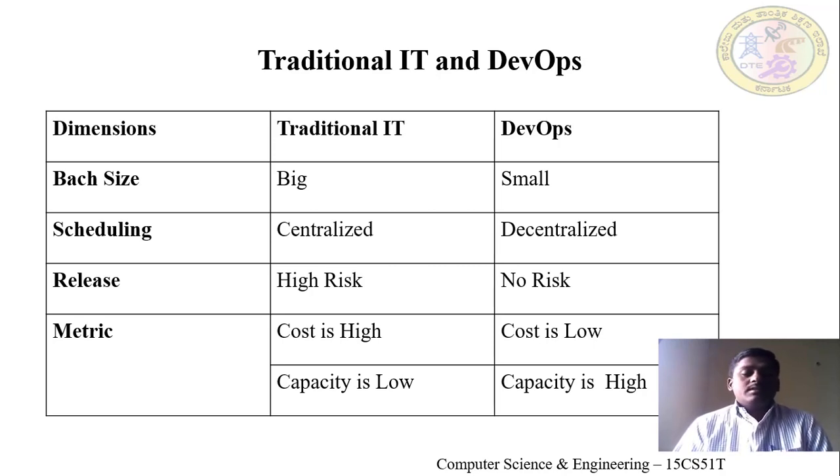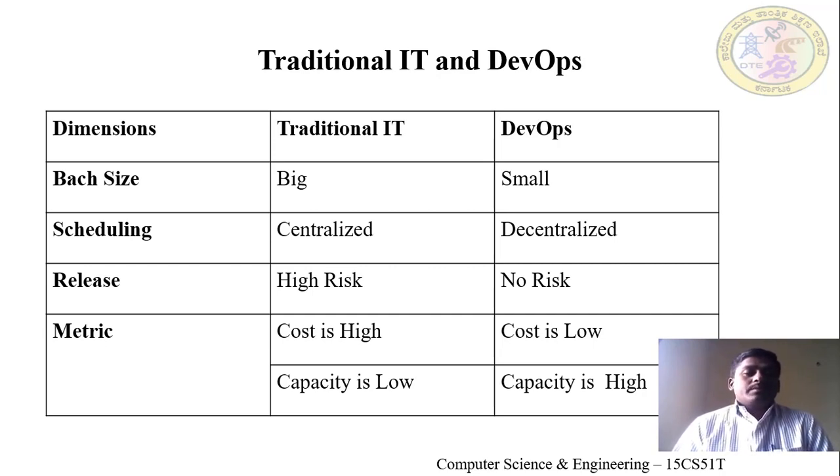And one of the metrics is capacity. The capacity of the traditional IT system is low. In DevOps, the capacity is high, right? So these are some of the differences between traditional IT and DevOps. The batch size is big in traditional IT; in DevOps, batch size is small.